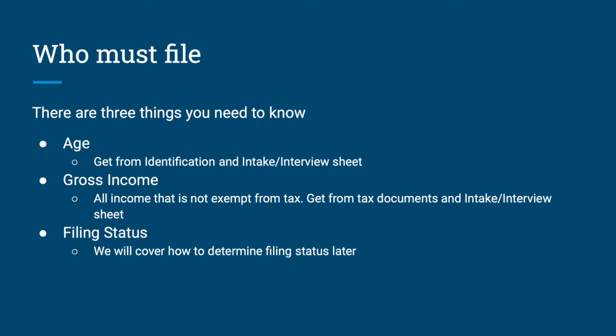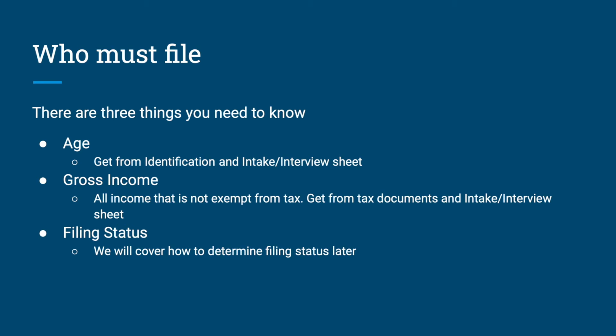Oftentimes the intake and interview sheet won't be a factor with regard to calculating gross income, but it would be if, for example, they had cash income from tips at a job they worked that they didn't get a tax form for. So we would add that income from the tips to the combined income from the tax documents for the sources that are not exempt from tax.